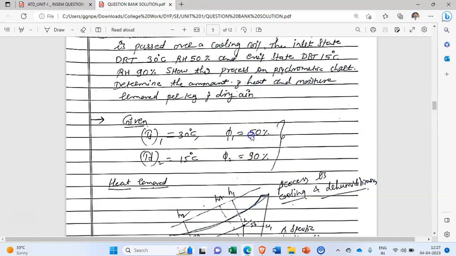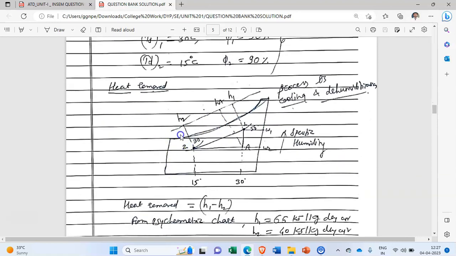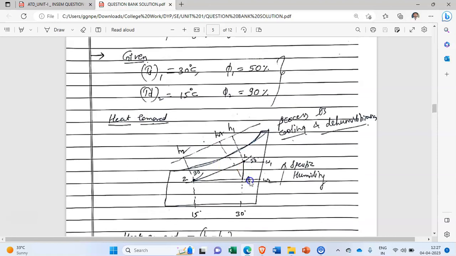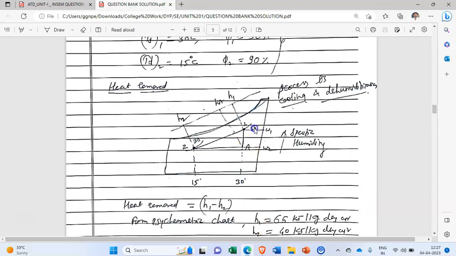So 50% relative humidity is at the inlet and 90% relative humidity is at the exit. This is the general psychrometric chart. At the inlet, the temperature is 30 degrees and relative humidity is 50%, so we mark point number 1.